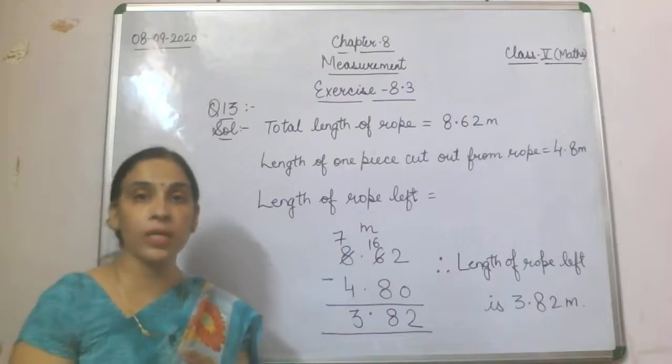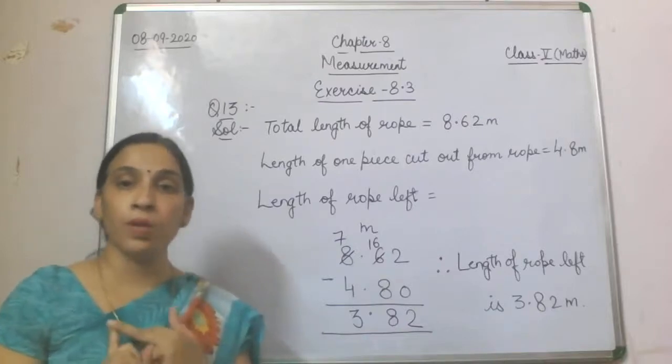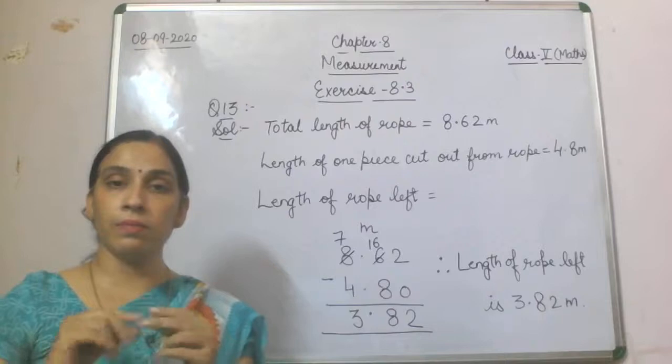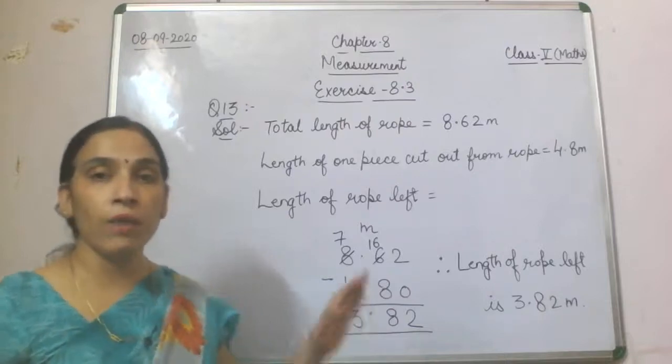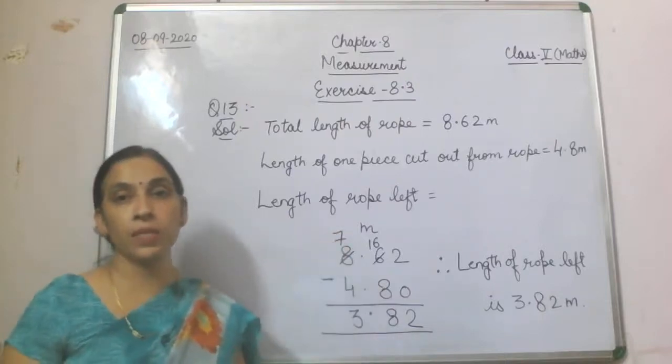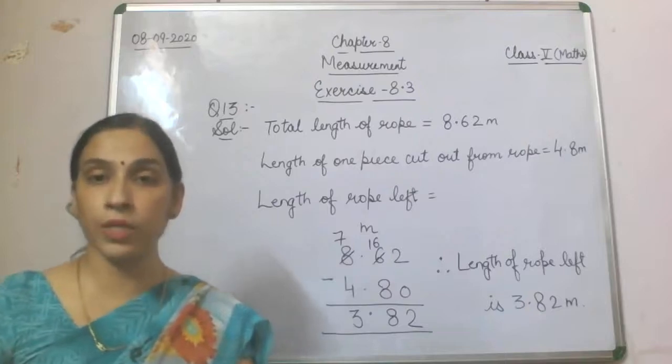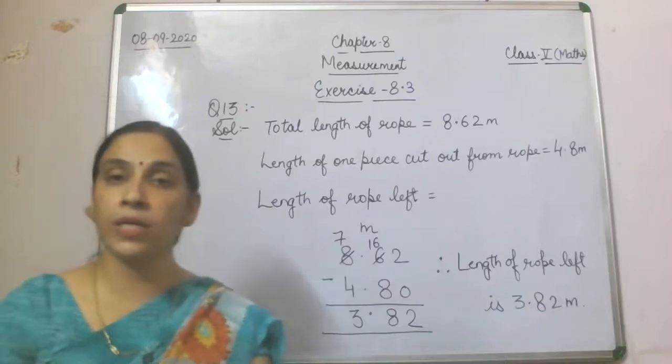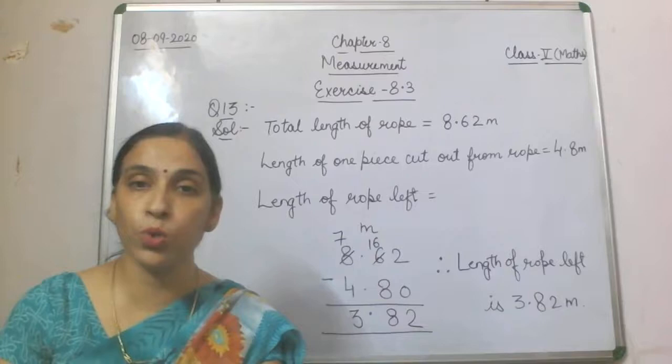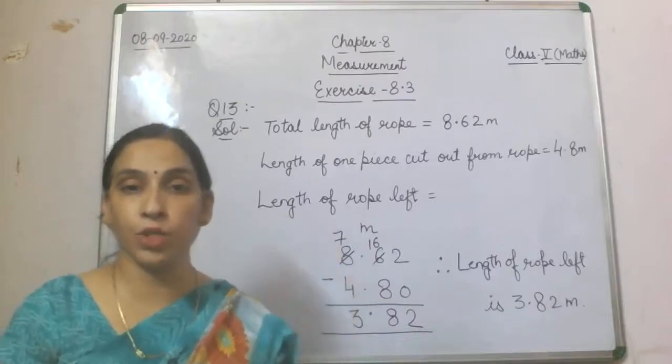That is very important, and examples are also equally important. After that we did question number 13, related to subtraction, and then question number 14, in which we are supposed to do both addition and subtraction.